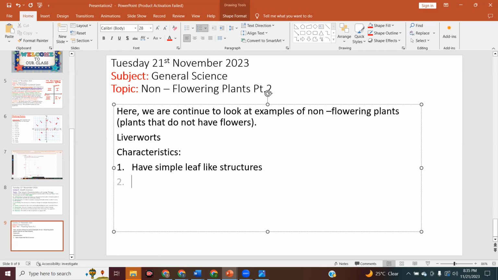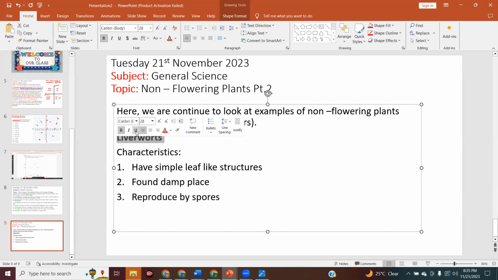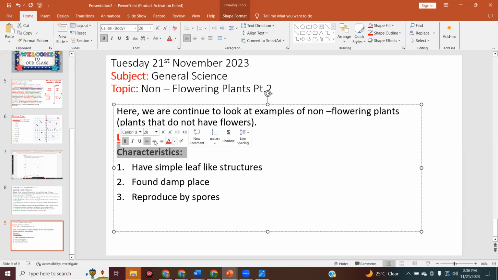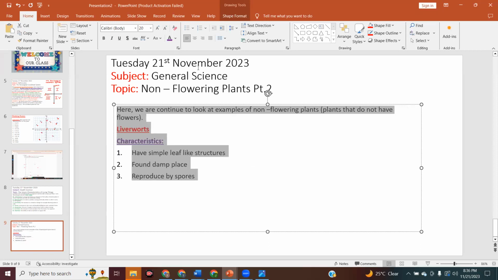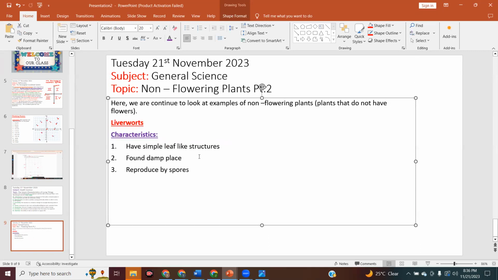They are found in damp places, very similar to the mosses, and they reproduce by spores. So let me color this for you. You can find them in damp places, and when we talk about living things, one of the features is that they reproduce. The way that these organisms reproduce is by spores.